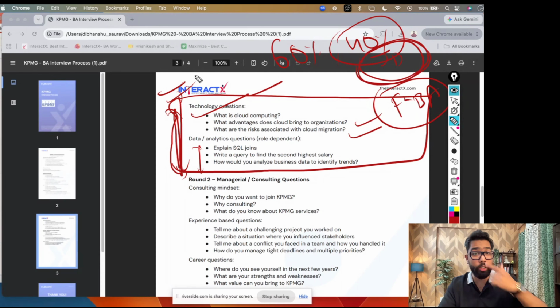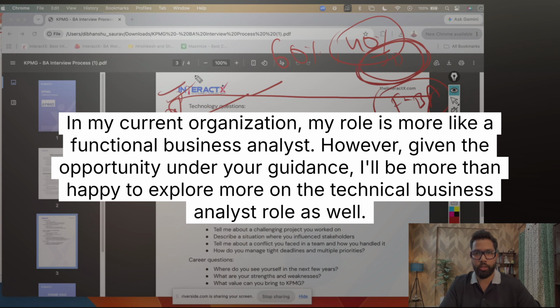It doesn't mean you are not supposed to work on your technical skills. However, if you are not able to respond to any given question in your interview, you can try a sample response like: in my current organization, my role is more like a functional business analyst. However, given the opportunity under your guidance, I'll be more than happy to explore the technical business analyst role as well.